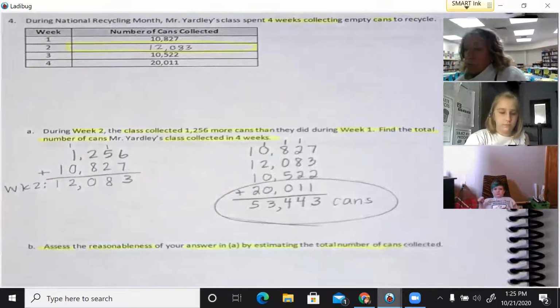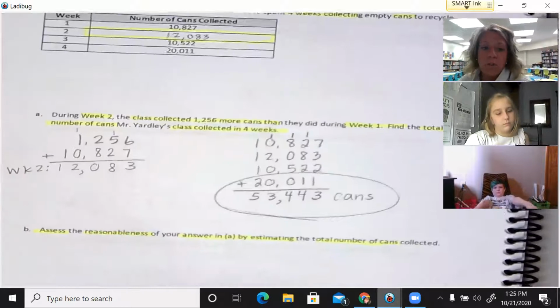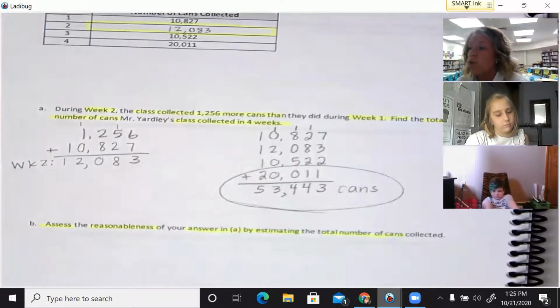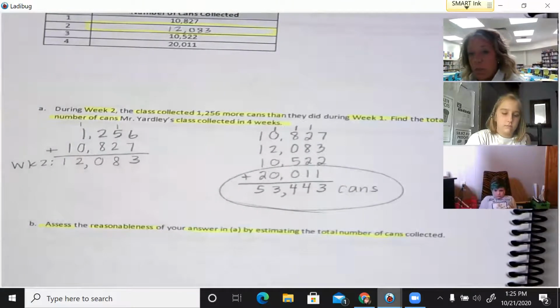But they didn't tell us what place value we need to round to. So that's kind of your choice. Now think about it. This was one of those questions on your test. What will give us a more accurate answer? The 10,000s or the thousands?